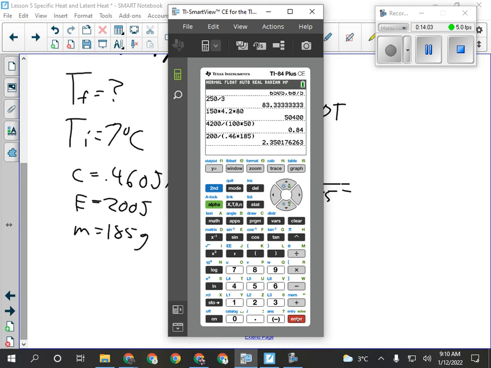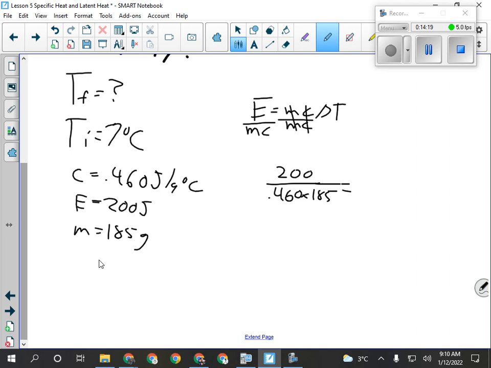So if its initial temperature was 7, what's its final? Well, what's 7 plus 2.35? 9.35. Okay, so my temperature change is 2.35 degrees Celsius. Temperature change is final temperature minus initial temperature, right?